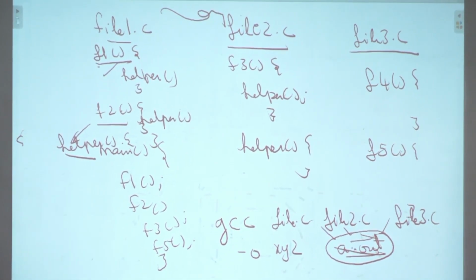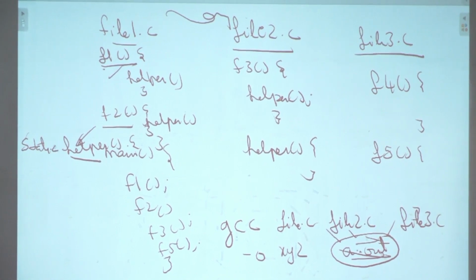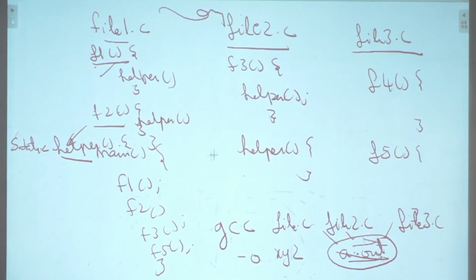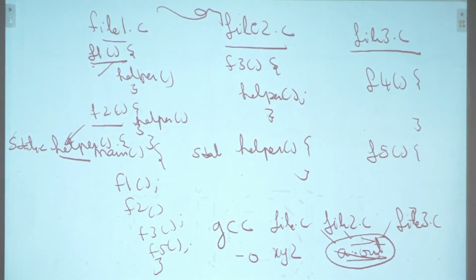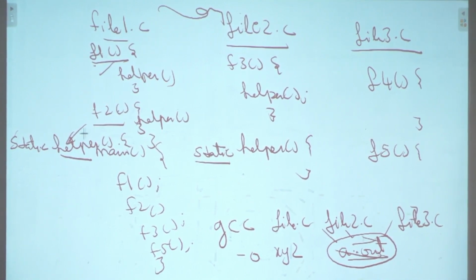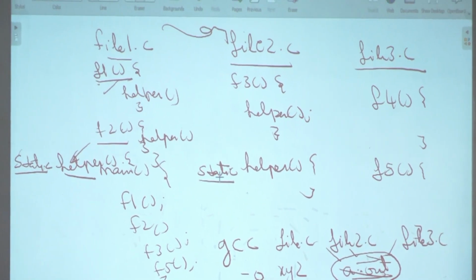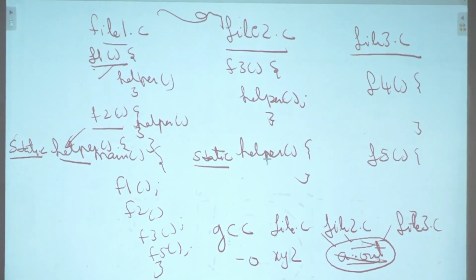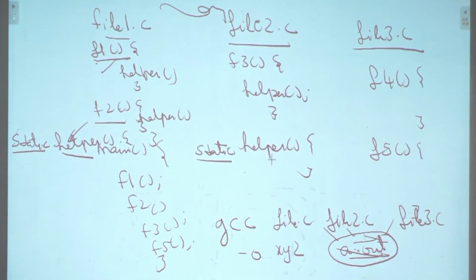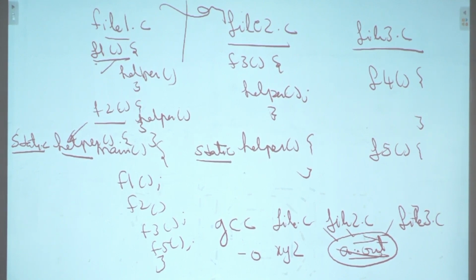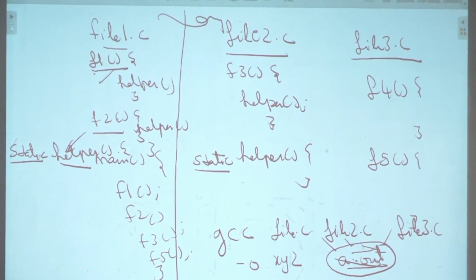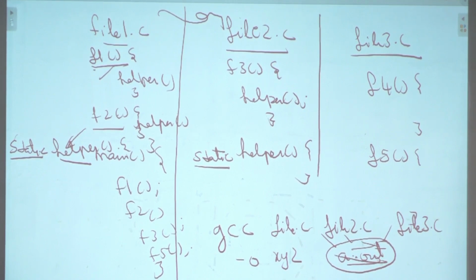So you give the keyword here, static, and you give the keyword here as static. When you give this keyword static, what it is telling the compiler is, this definition of helper should not be allowed to be used outside the boundaries of this file.